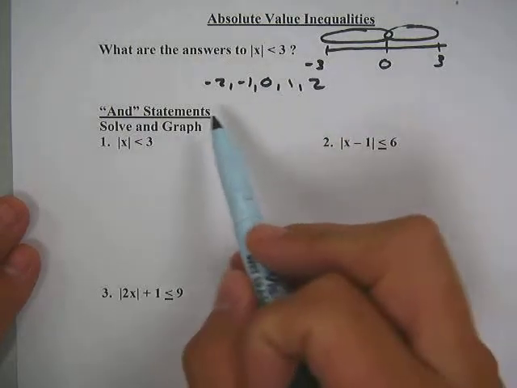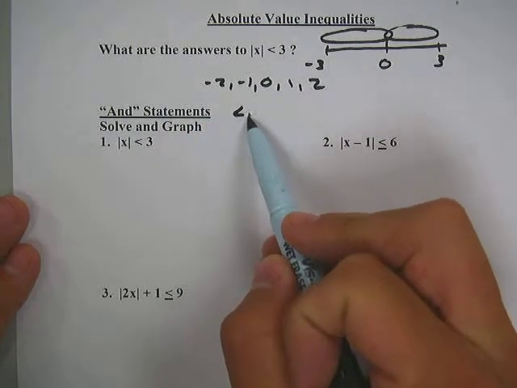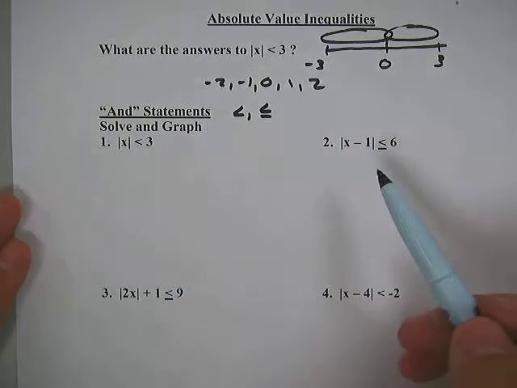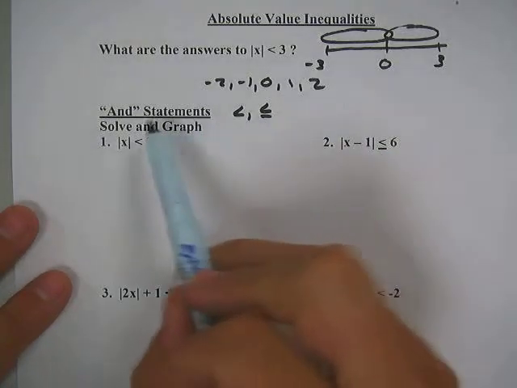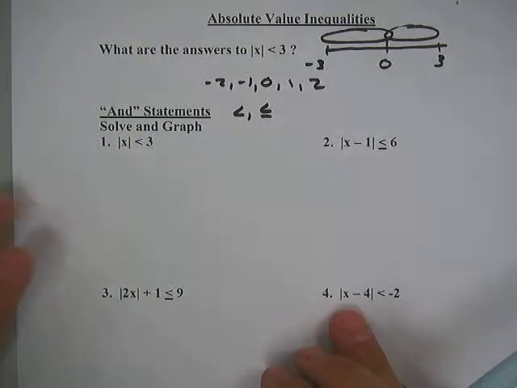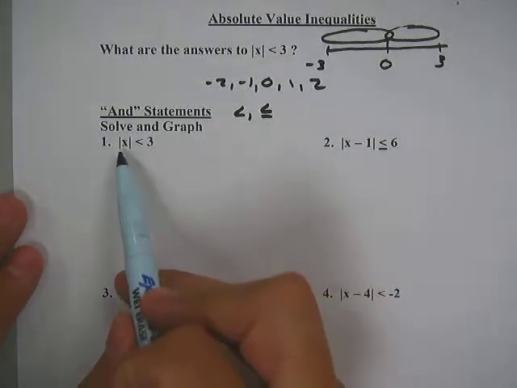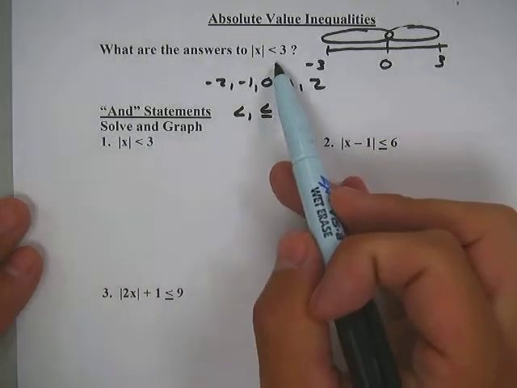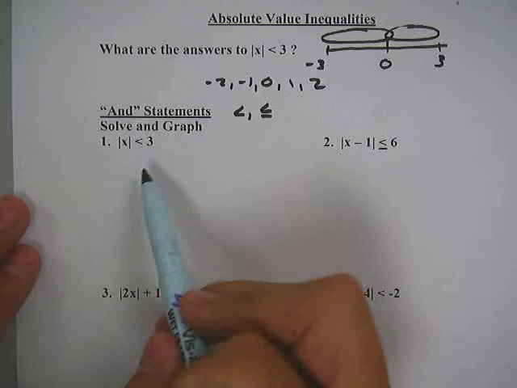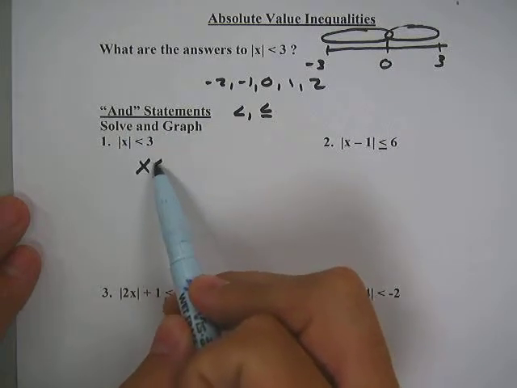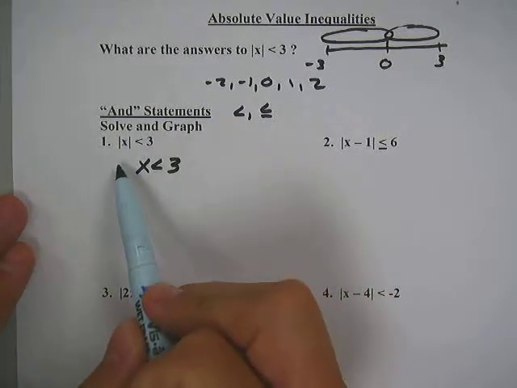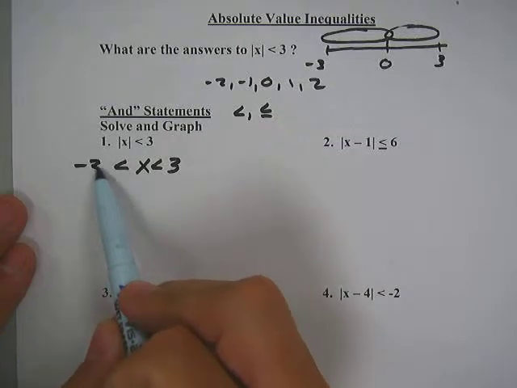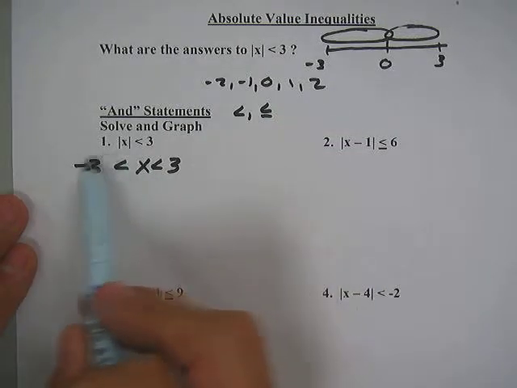AND statements are pretty easy to identify. It's any time that you have a less than or equal to sign in the problem. So less than is AND. Easy way to remember it. And for instance, let's just take this one. That's the example of this right here. We're going to take this problem here. We're going to write x is less than 3 and greater than -3.